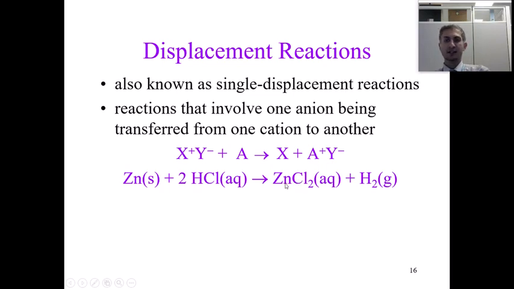If you remember, when we have a compound of a metal and a non-metal, we call it an ionic compound. Zinc is always zinc 2 plus, one of the exceptions that you memorize, and Cl is 1 negative. You just switch the charges and you get ZnCl2.